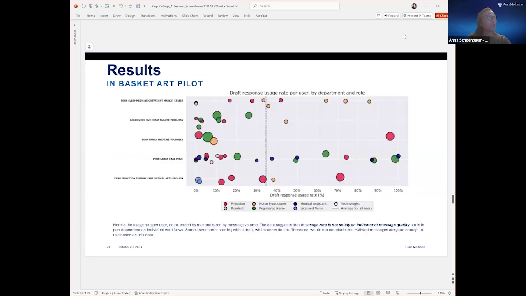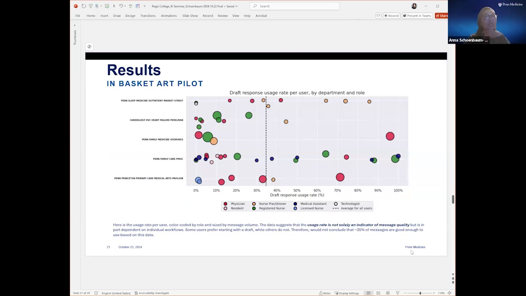Here is a plot regarding responses and who was using it. The green is the registered nurse, and the red is the physician. The green and the blue are licensed nurses, but the medical assistants, if you can see here, have some high rates.